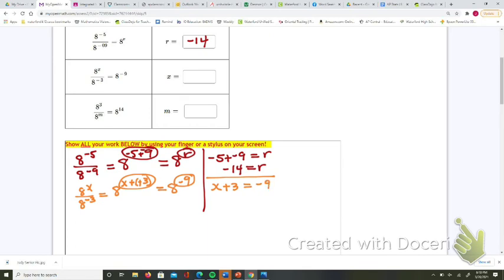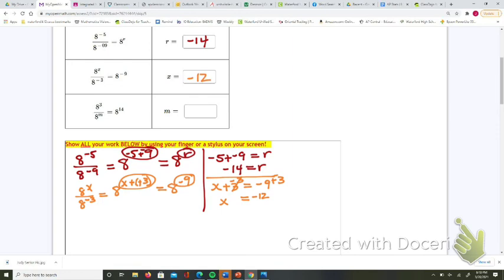Okay, what is happening to the x? Well, it's being added by 3, so we have to minus 3. So we have x, 3 minus 3 is 0, negative 9 plus negative 3, because we change it to plus negative. So 3 negatives plus 9 more negatives is 12 negatives. So the x is negative 12.